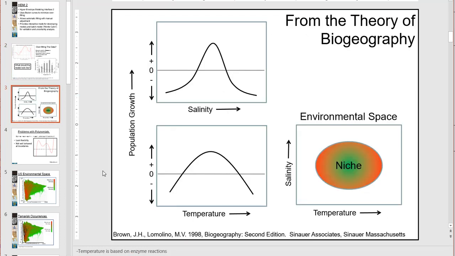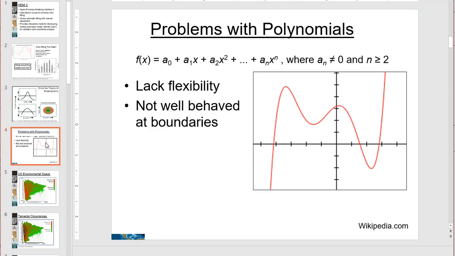But when we look at the shape of these curves, it's really how species would respond to their environment, and most of my work was done with plants, which some would argue have a simpler interaction with their environment than higher animals, and I would agree with that. We'll talk more about that a little bit later. But it's the idea that these curves should be relatively smooth. Modeling these with polynomials is complicated because polynomials are hard to control.